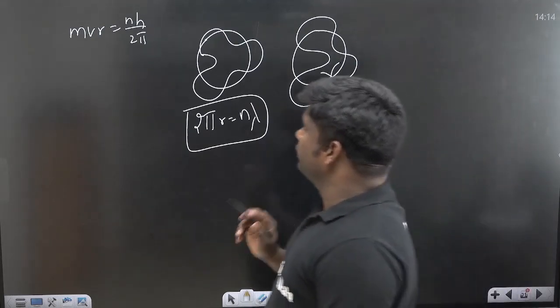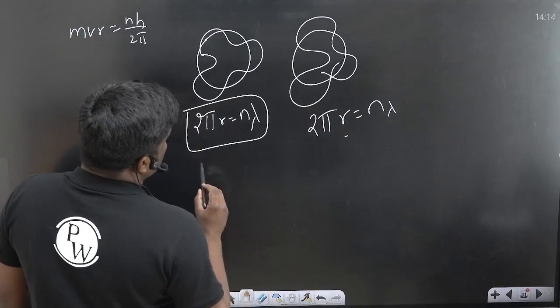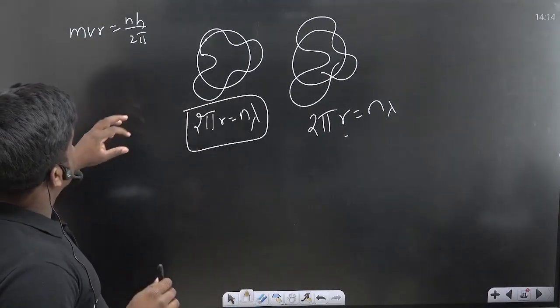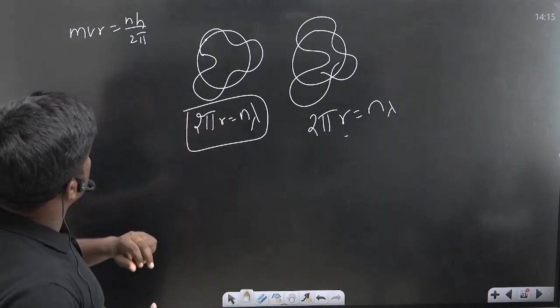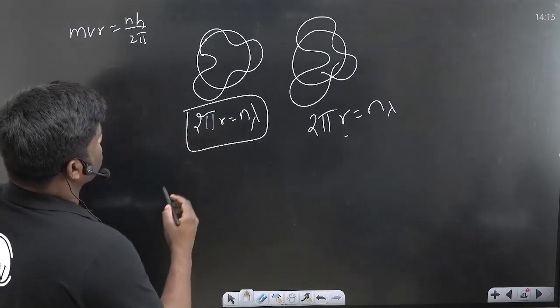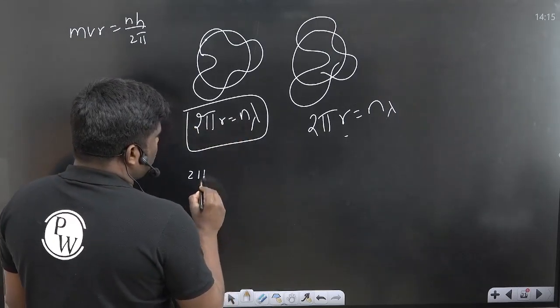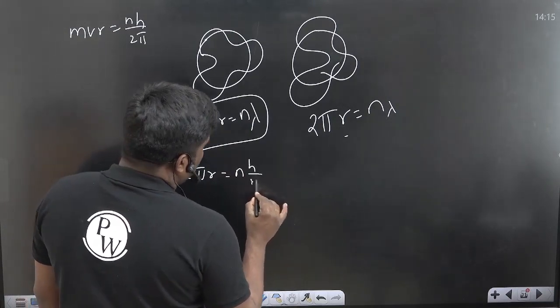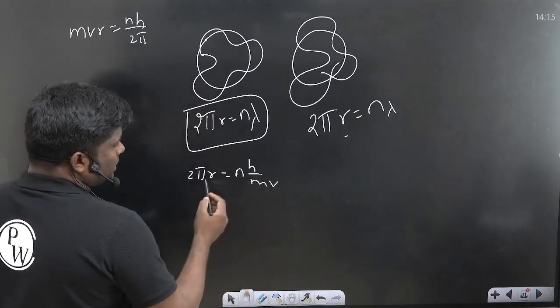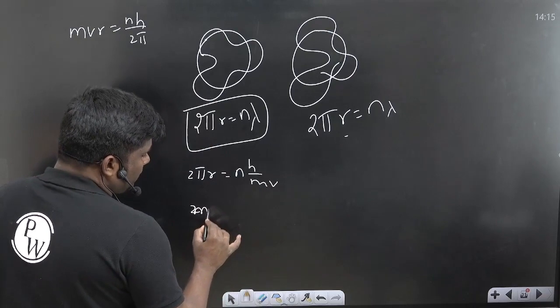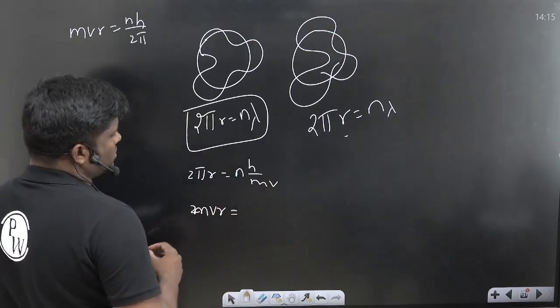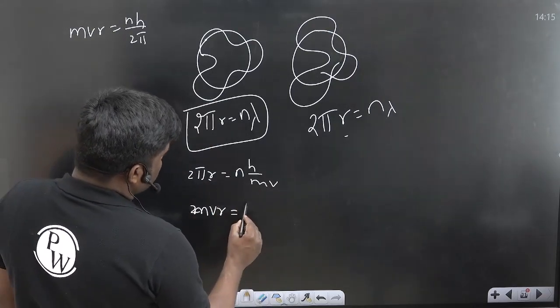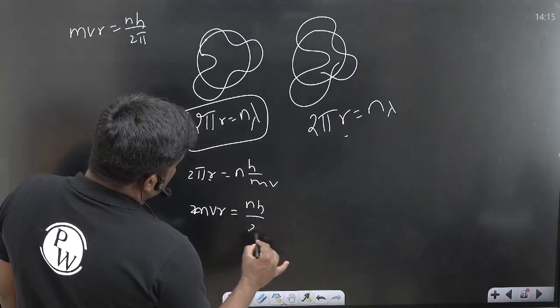See carefully now: 2 pi r equals n lambda, and lambda is h by mv. Now bring this here: mvr equals nh by 2 pi.